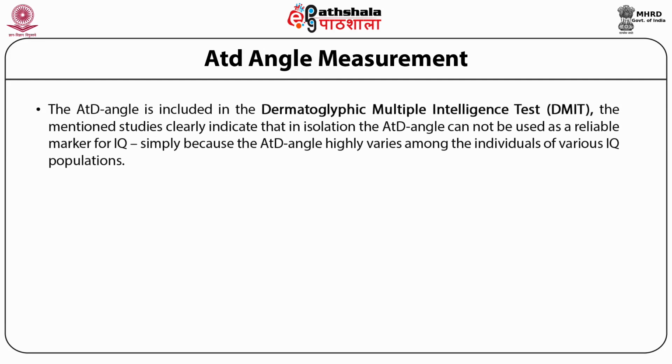While the atd angle is included in the Dermatoglyphics Multiple Intelligence Test known as DMIT, the mentioned studies clearly indicate that in isolation, the atd angle cannot be used as a reliable marker for IQ, simply because the atd angle varies highly between individuals of various IQ populations.